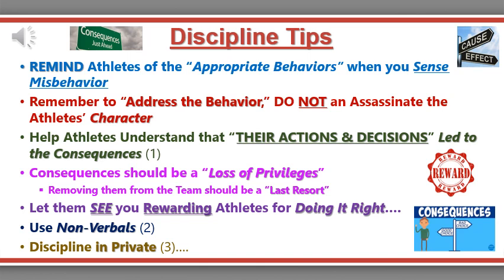And then when you have to provide some discipline or consequences, try to avoid those public confrontations. Discipline in private. You might tell somebody, hey, we're going to do whatever, but you need to stop.